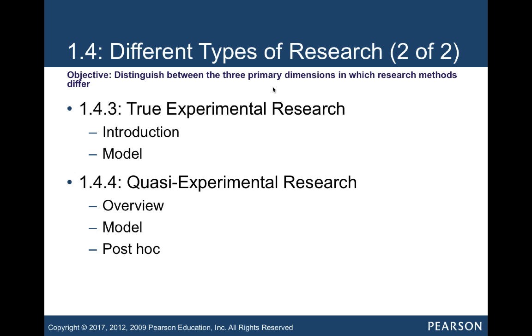So we could bring females into a lab and have them talk and measure their words per minute, or we can bring males into a lab and also measure their words per minute, and then compare the differences. This would be an example of quasi-experimental because the groups that we formed are naturally assigned.